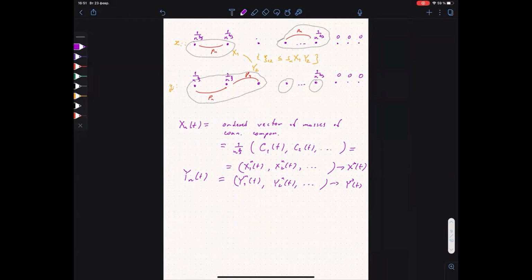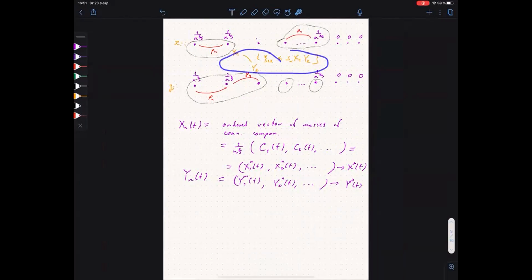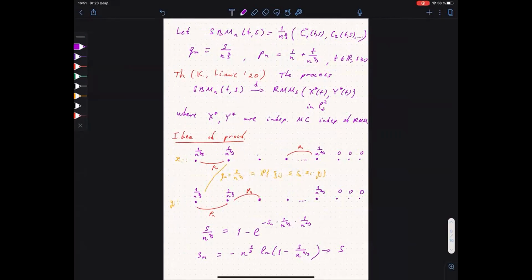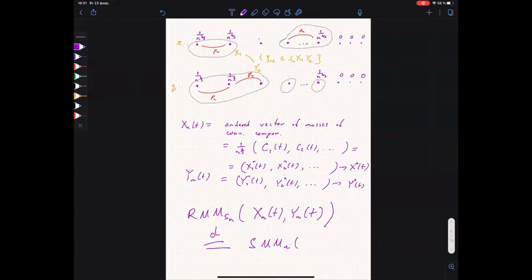I just want to say, if you put the edges according to that rule and then consider the ordered vector of the masses of connected components, it is exactly RMM_{s_n} of (x, t), (y, t), and I say that it has the same distribution as the vector which we consider here, RMM_n of t, s.